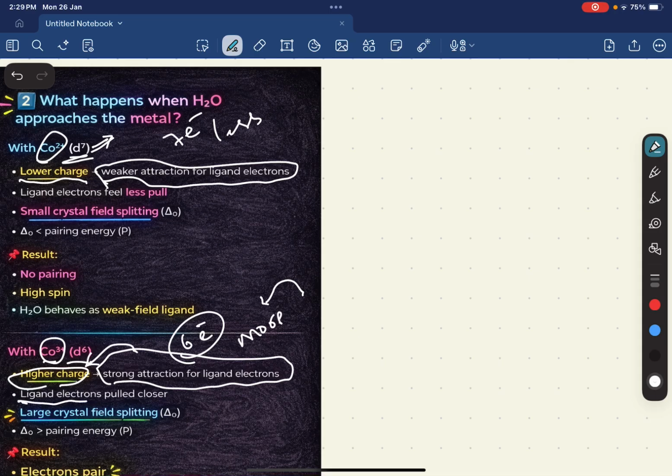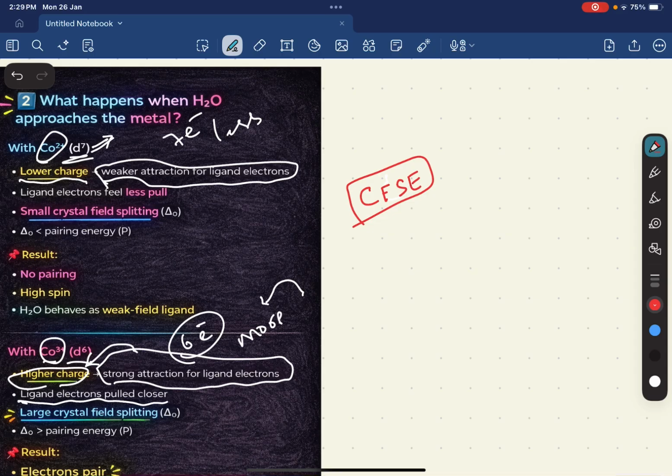So ligand electrons are pulled closer, and when the ligand gives electrons effectively to the metal, the CFSE value will be higher. CFSE means crystal field splitting energy. It happens when the ligand approaches the metal.